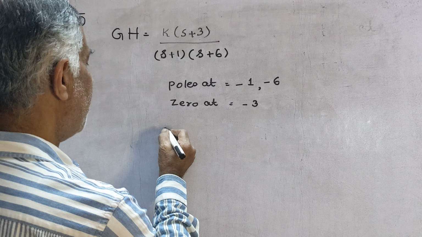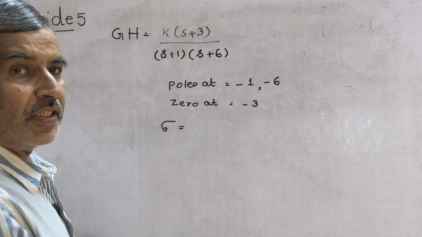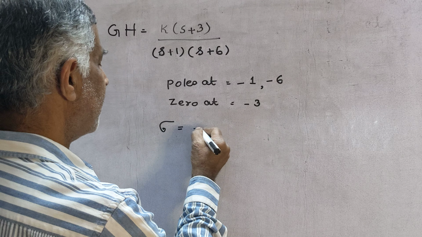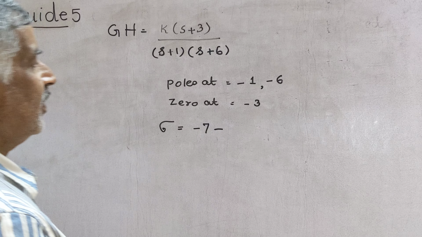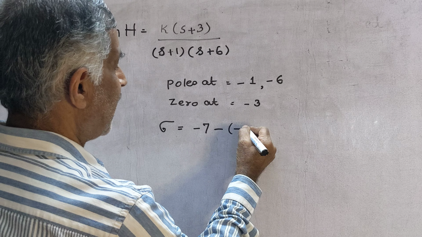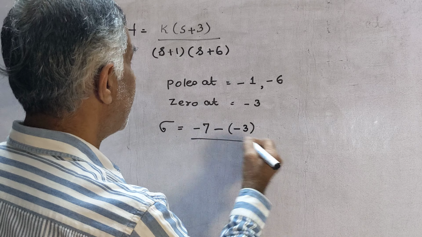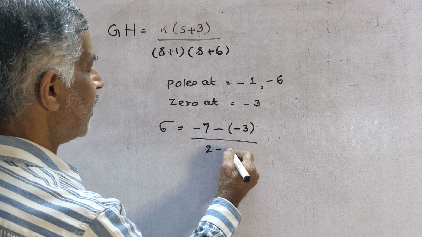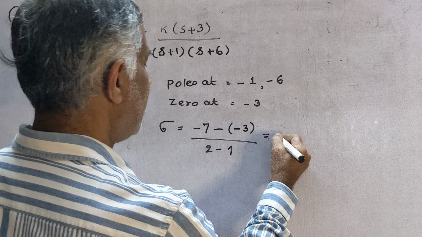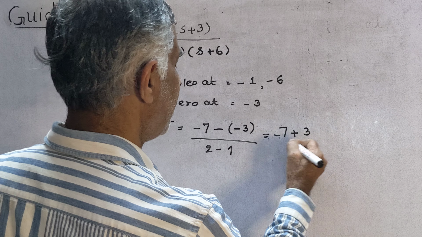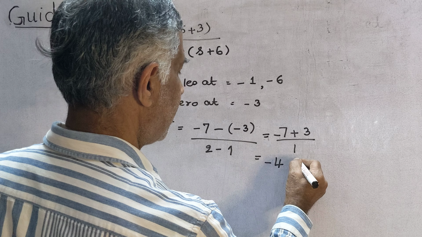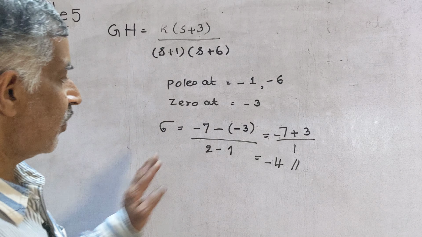Therefore centroid equals summation of real part of the poles, minus 1 minus 6, that is minus 7, minus summation of the real part of the zeros, that is minus 3, divided by 2 minus 1, because there are 2 poles and 1 zero. Therefore minus 7 plus 3 divided by 1, that is minus 4. Therefore centroid is at minus 4.